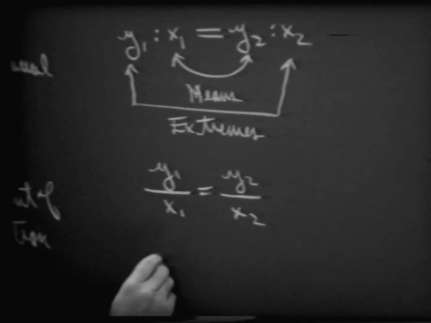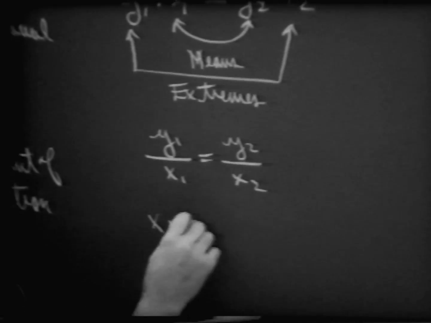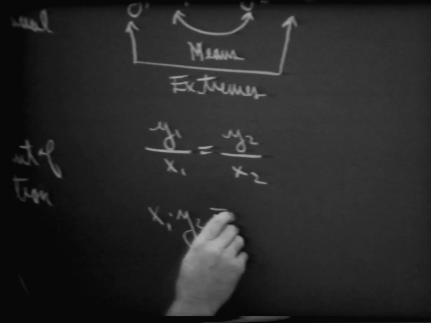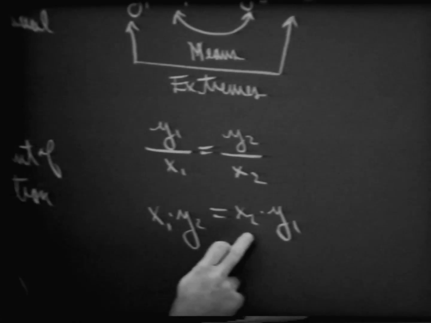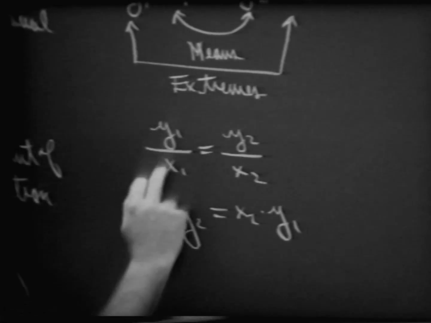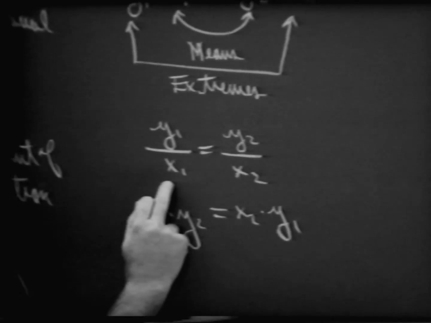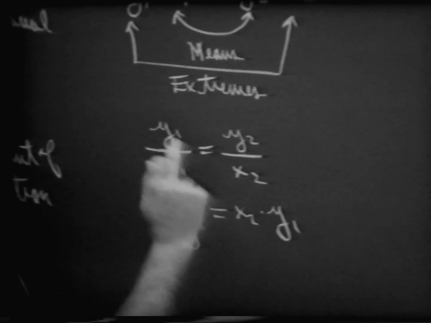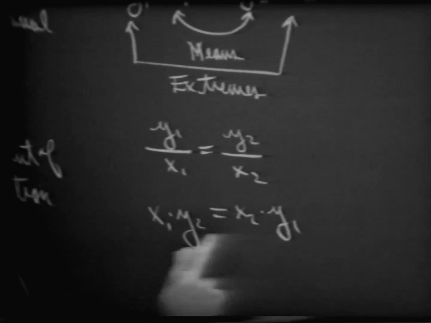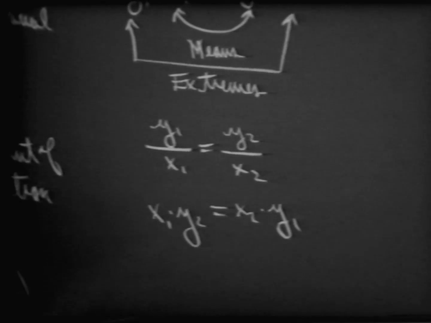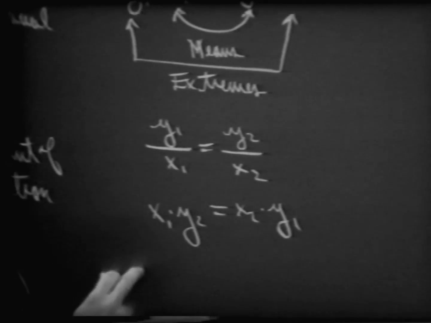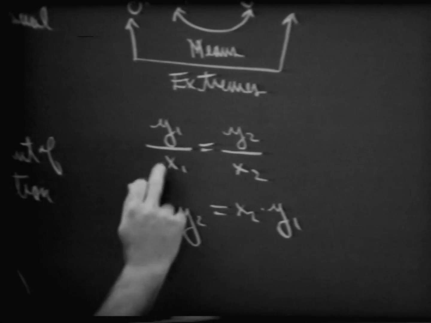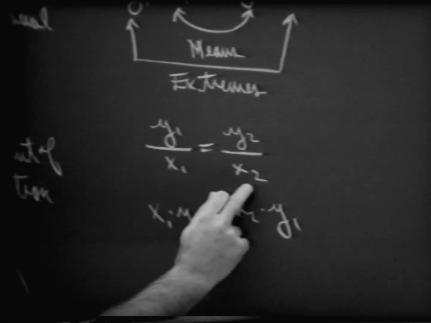Let me write it as x sub 1 times y sub 2 is equal to x sub 2 times y sub 1. Notice that our means are these two numbers, and our extremes are these two numbers. What does this statement say? The product of the means is equal to the product of the extremes. Good.